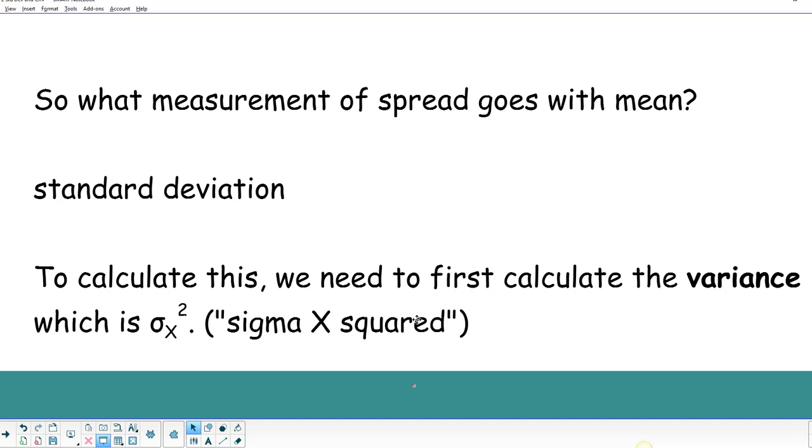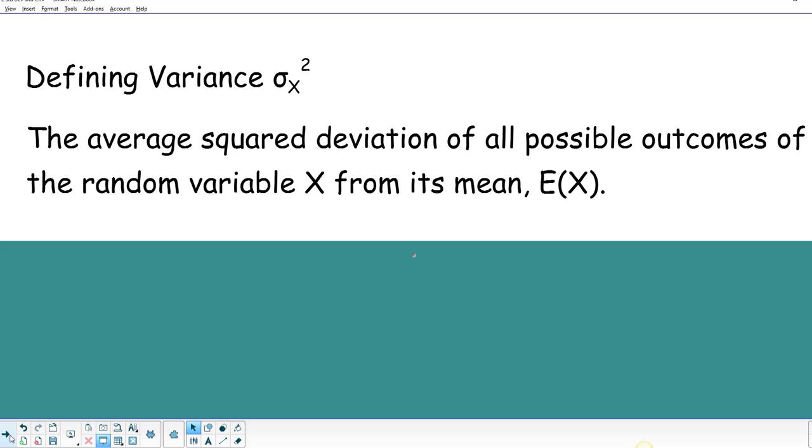To calculate that, we need to first calculate this thing called the variance. We've talked about variance before, but only a little bit. It's going to continue to pop up, and in the next section it's going to make more of an impact. The variance is sigma sub x squared. Here's the definition: it's the average squared deviation of all possible outcomes of the random variable x from its mean, or the expected value.